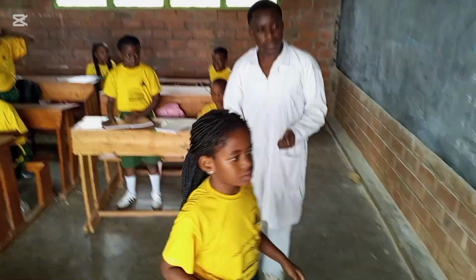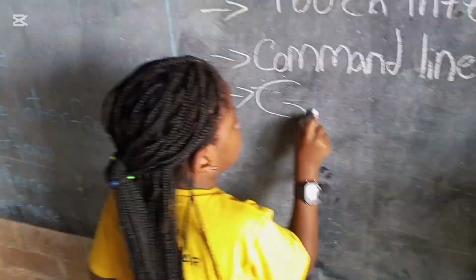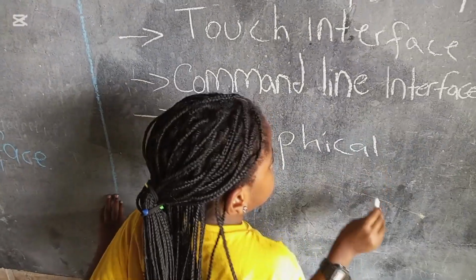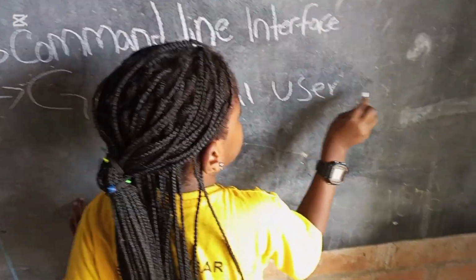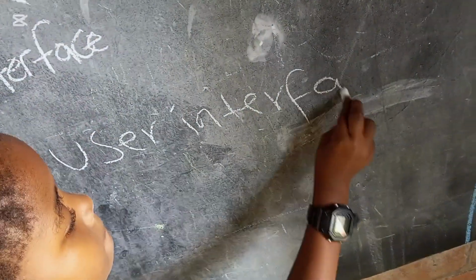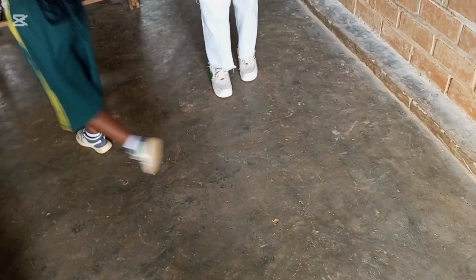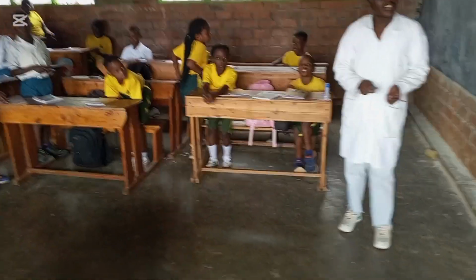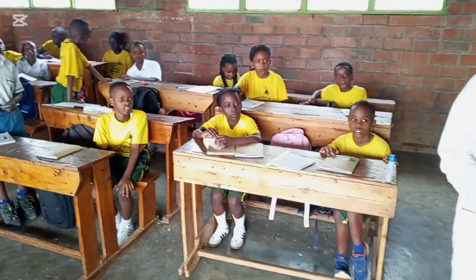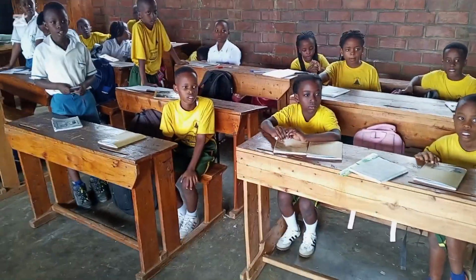Another one. Vanessa. These are the examples of interface and also the two types of interface.